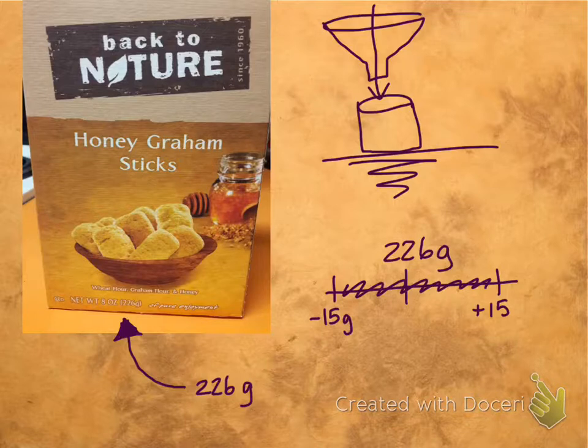So let's say I go to the store and I buy my graham crackers, and I get back home and I'm like, man, this box is light. This just does not feel right. If I weigh it and it's not within these limits, then I've been scammed. They cheated me. So what you could do is we could say, well, I want to know if I've been cheated.